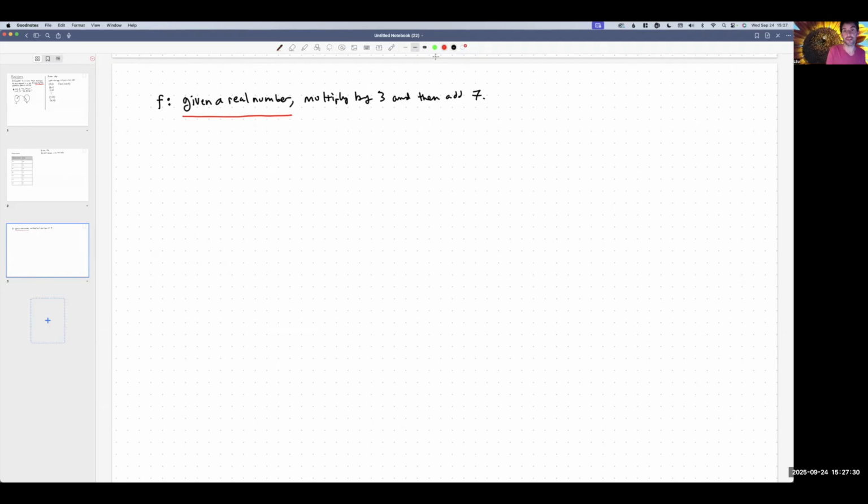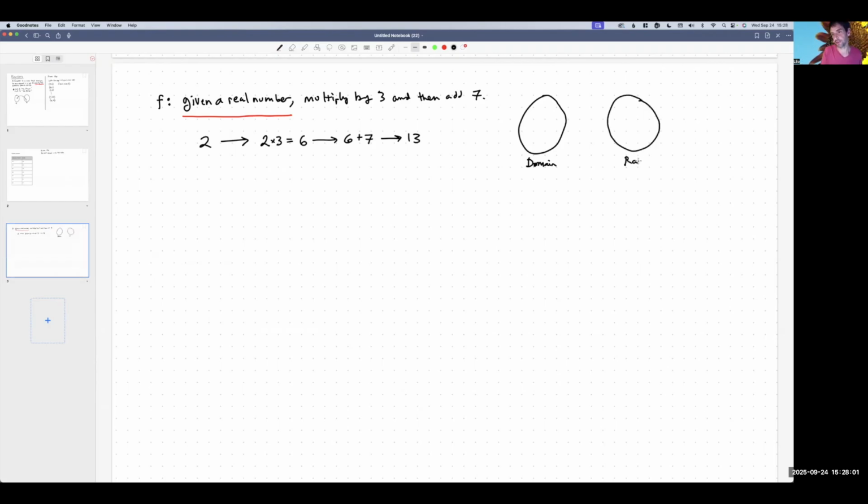So for example, if I started with the number 2, my function would tell me to take 2 and multiply it by 3 to get 6, and then take 6 and add 7 to get 13. And so let's go back to one of these diagrams. If I think of this blob as being the set of all numbers, call this my range.